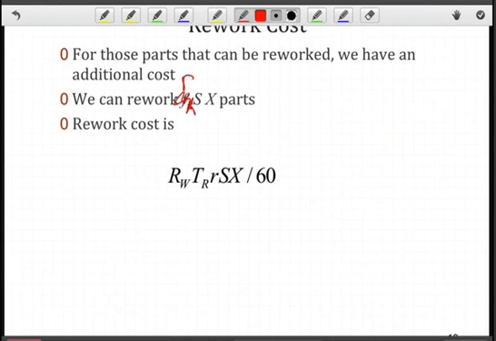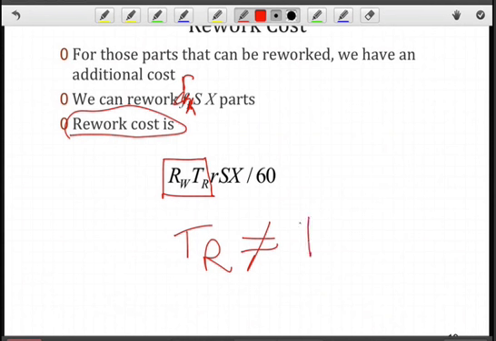We'll take our parts that are going to rework, RSX, and then multiply by the cost of rework, which will essentially be the time in rework, which will be different. We're not saying that T sub R is equal to cycle time because it's not. Typically it's significantly longer.